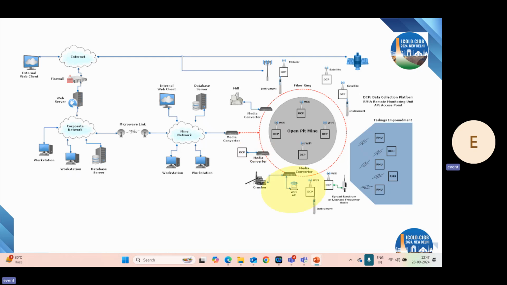We have Wi-Fi, cellular modems, radio connection, and satellite connections. So all of this data flows in, is collected into MinePed, and needs to be transferred to a media converter or servers to store the data and transmit it to the end user.